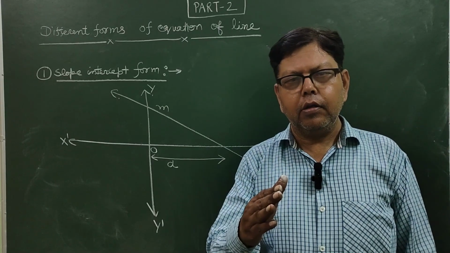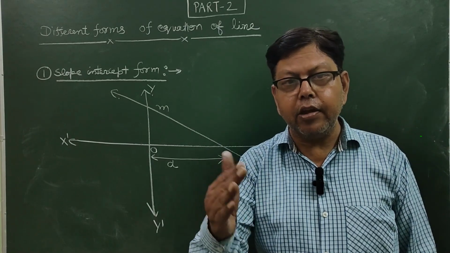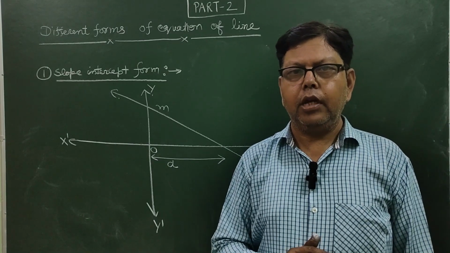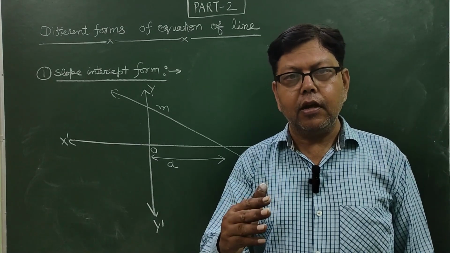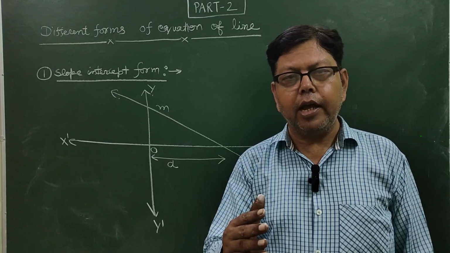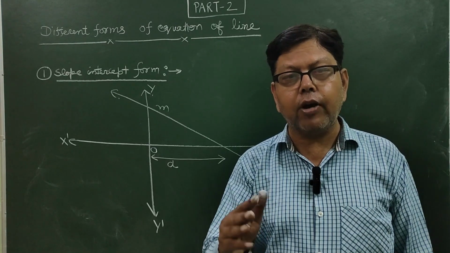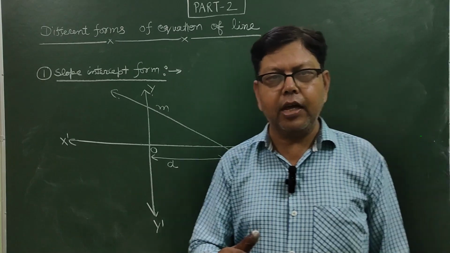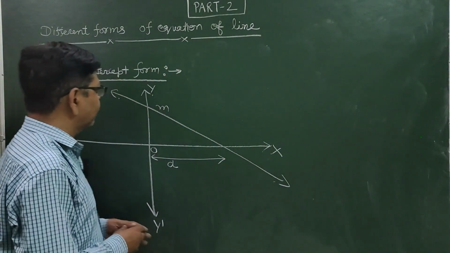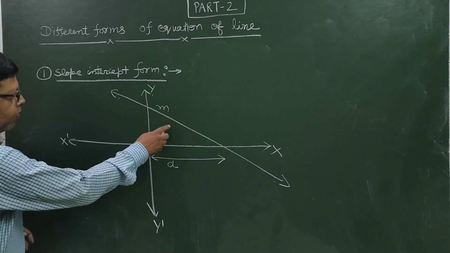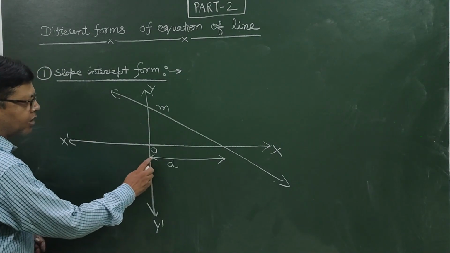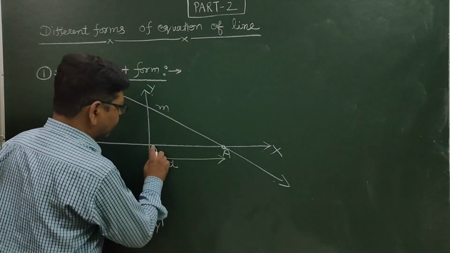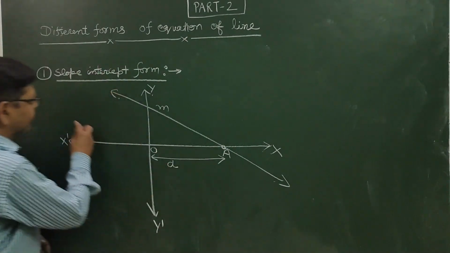If the line makes an intercept of length d on the x-axis. In the earlier case, we discussed the situation in which the line makes an intercept c on the y-axis. If the line makes an intercept d on the x-axis, then again, using the same concept, the slope of the line is m, and the intercept, that is the length from the origin to the point where it cuts the x-axis, OA, is the x-intercept.